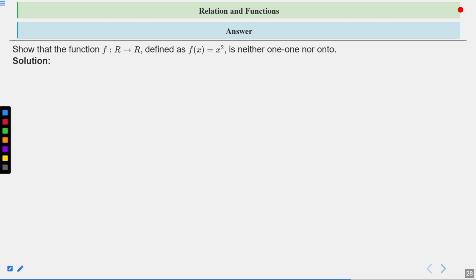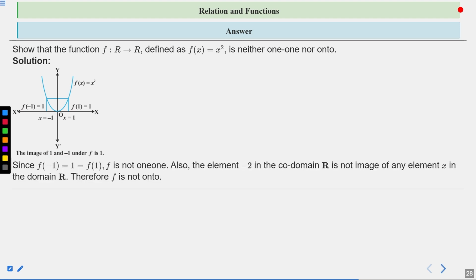Solution. Simply, if you put x = 1 the output is 1, and if you put x = -1 the output is also 1. So the image of 1 and -1 are both the same, so not 1-1. For onto, in order to be onto we require the range set to be the same as the codomain set.